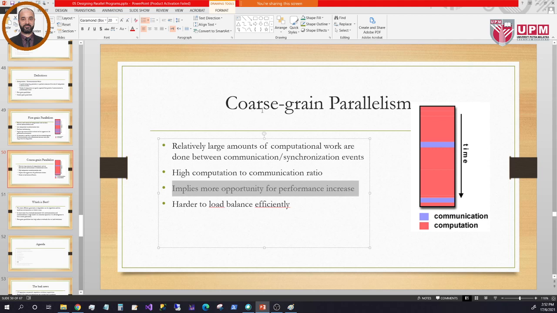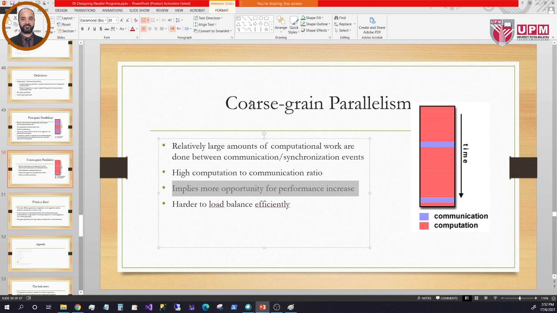Some programs, when they become coarse grain, improve the performance, depending on their task dependency on each other. But for some programs, when we make them coarse, the performance becomes bad.